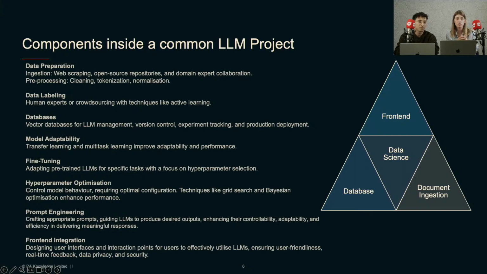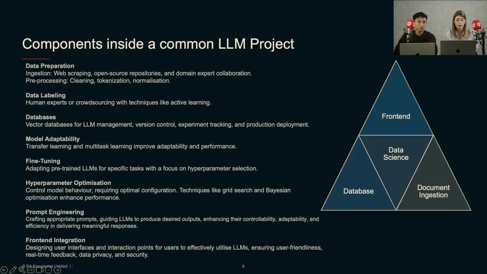Then databases. The most common for large language models tend to be vector databases, but that doesn't mean it always has to be a vector database. But that tends to be the more efficient, more accurate type of database for this type of project. Model adaptability: transfer learning and multitask learning improve the adaptability and performance of the project.